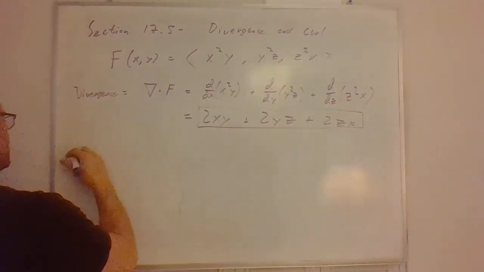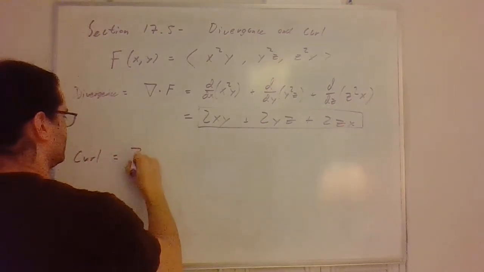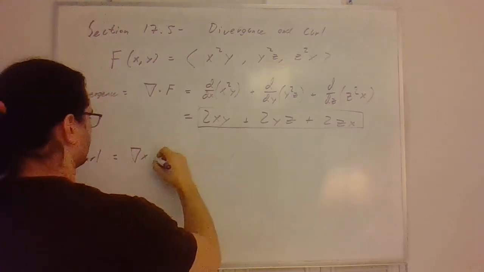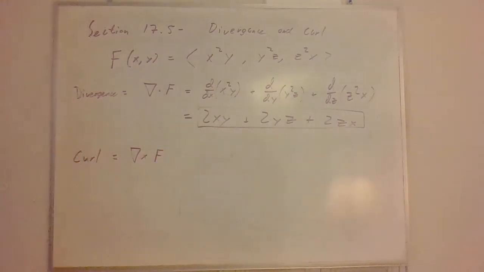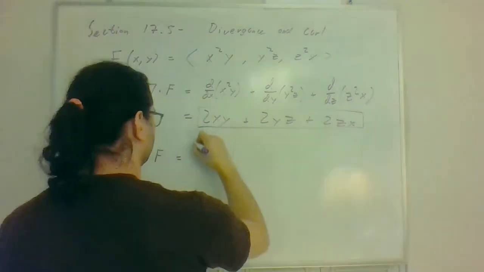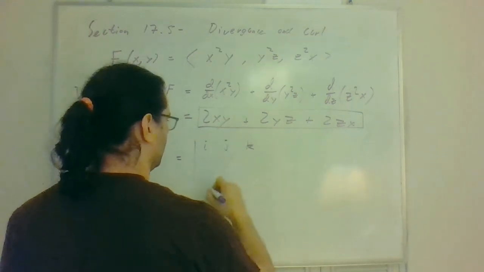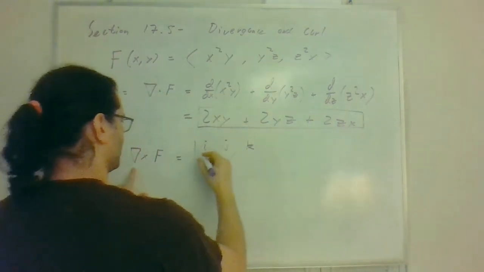So let's talk about the curl. The curl of f is the cross product of del and f. So for this one, we remember cross products. We're going to take our i and our j and our k, and then we're going to take the components of the first vector.